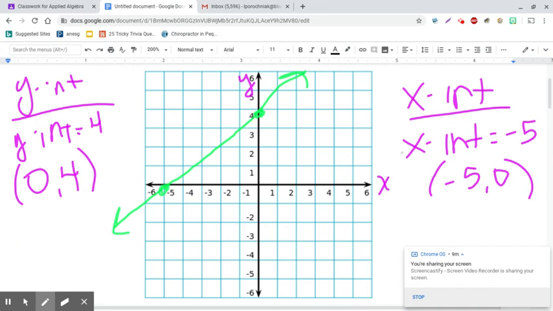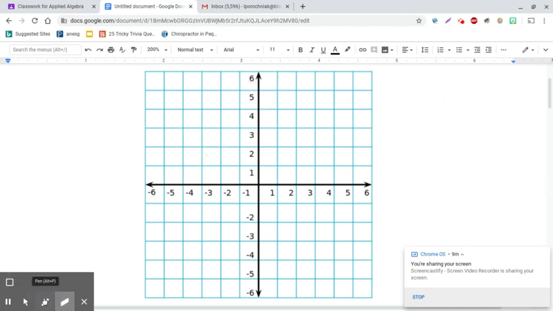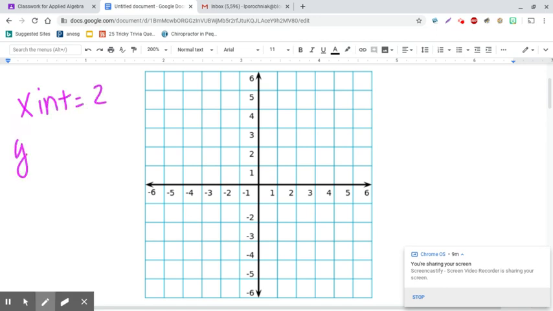Guys, you only need 2 points to plot a line. So the last thing I'm going to show you is, what if I told you your x-intercept equals 2 and your y-intercept equals -3. Okay, how would I graph that line? Well, easily. Let's look at the x. The x value has to be a 2.